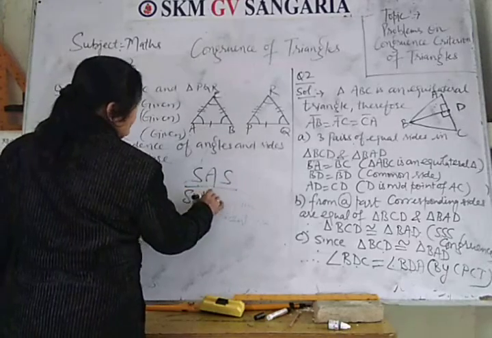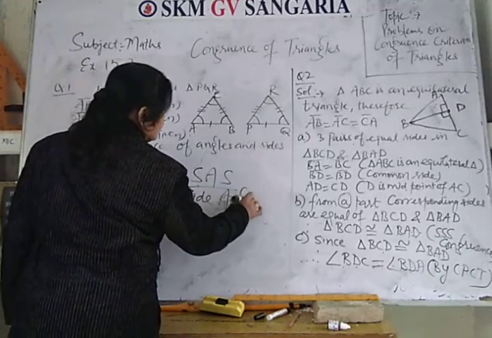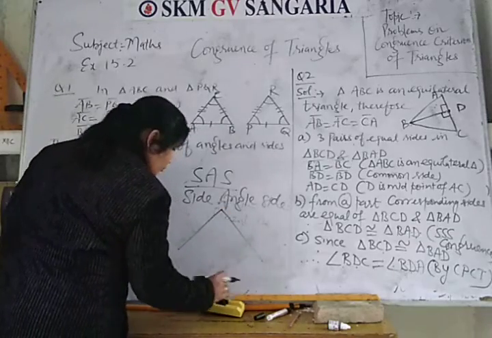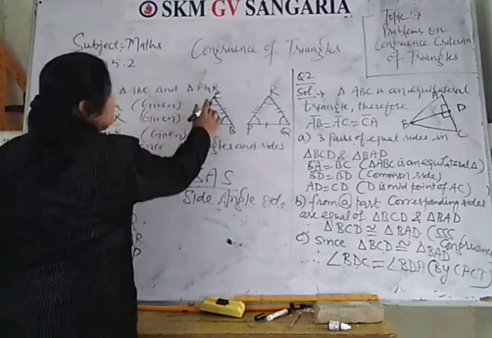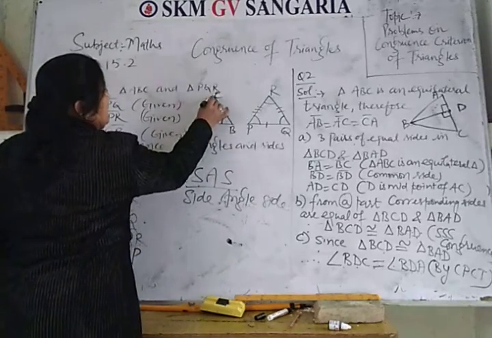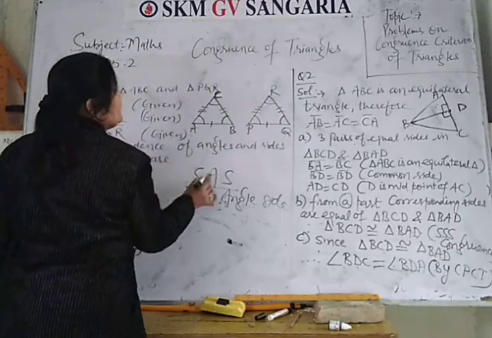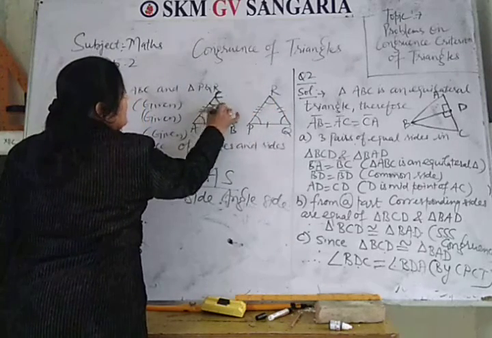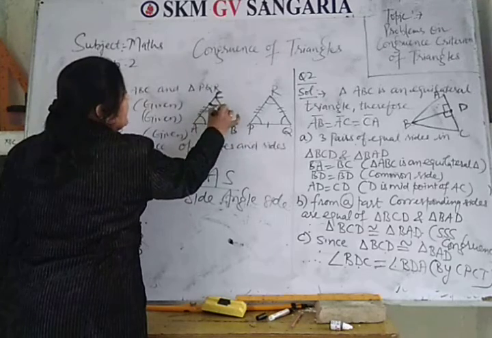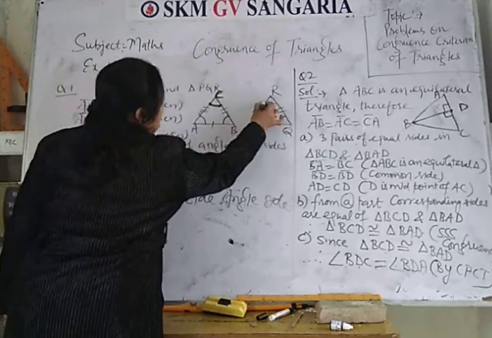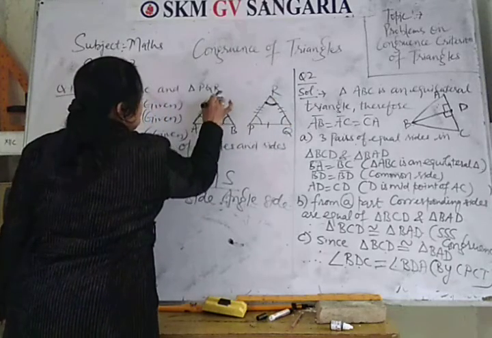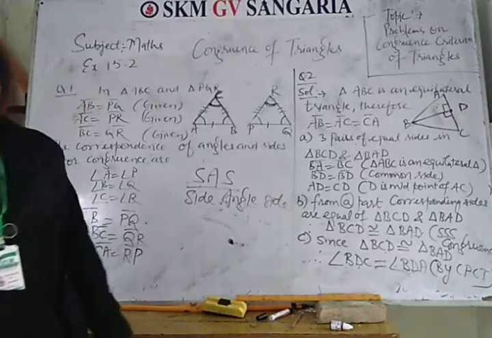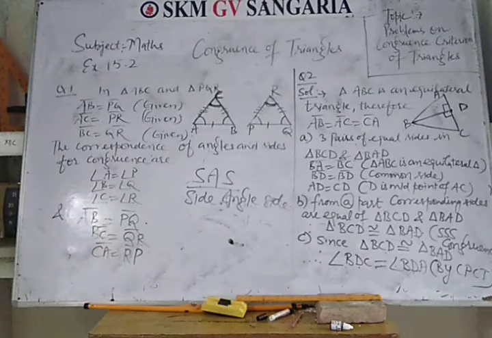Suppose I take AC is equal to PR, then BC is equal to QR, then the included angle between both of these sides is angle C, and here angle R. So side, angle, side. This rule is called SAS.